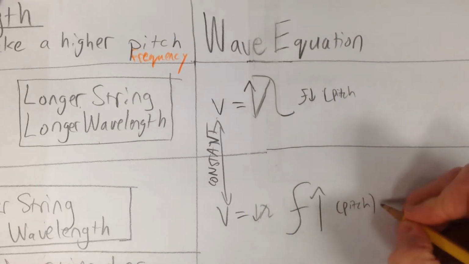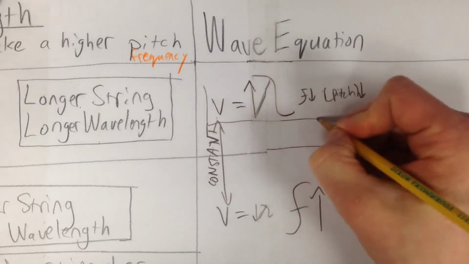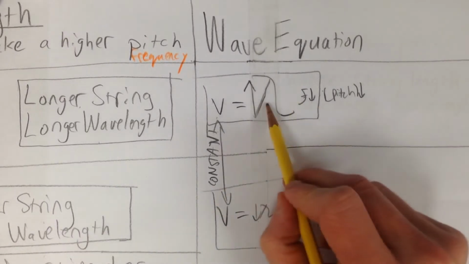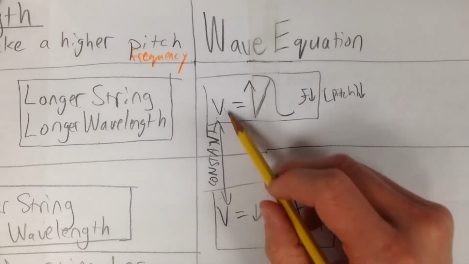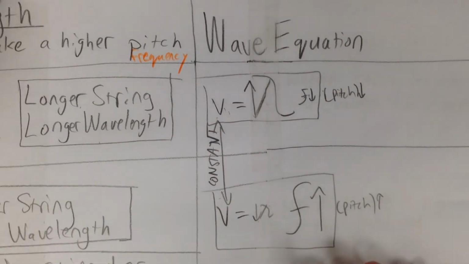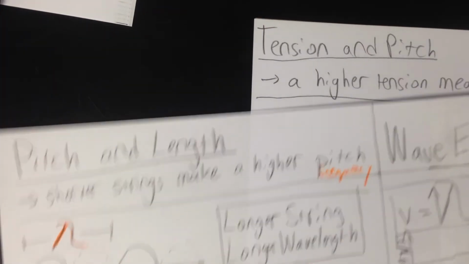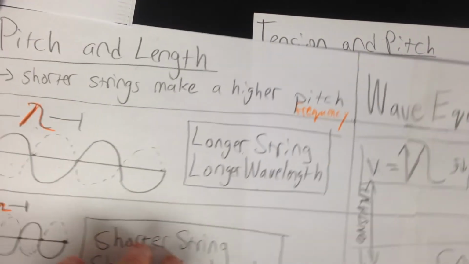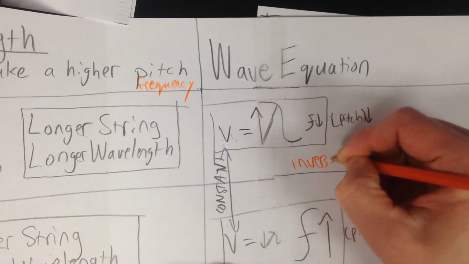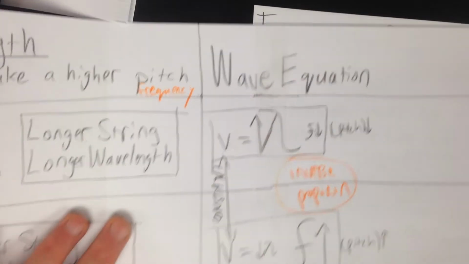Here the frequency and pitch goes up, here the frequency and pitch goes down inside your wave equation, but the reason is those two have to always multiply to equal that same wave speed if you don't change the string you're playing. So it's an inverse proportion right there.